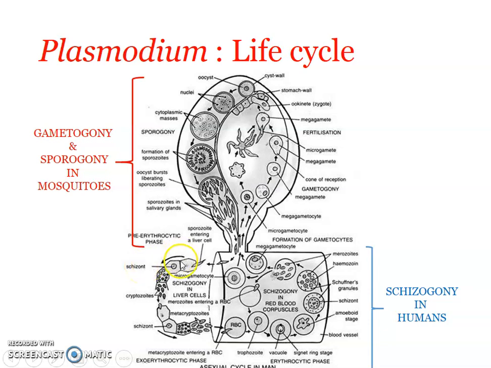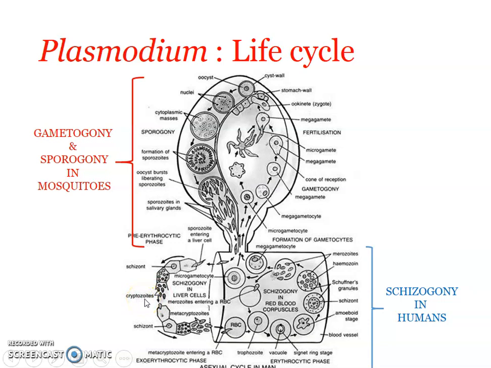Now this schizont divides by schizogony, or multiple fission, and produces a large number of uninucleate cells which are known as cryptozoids. You can see there are plenty of uninucleate cells formed by the multiple fission of the schizont, and these cells are known as cryptozoids.